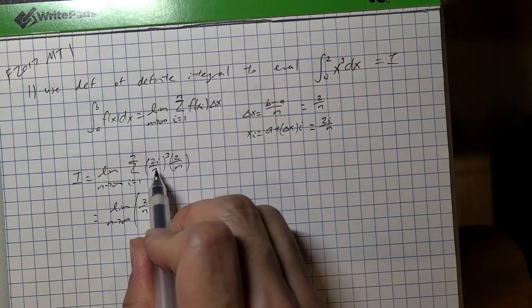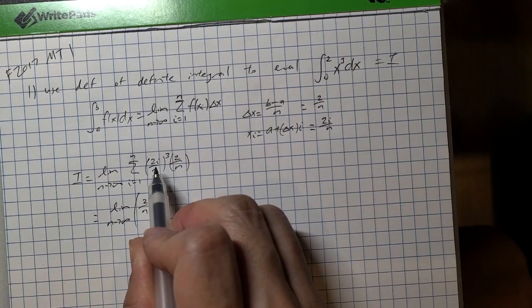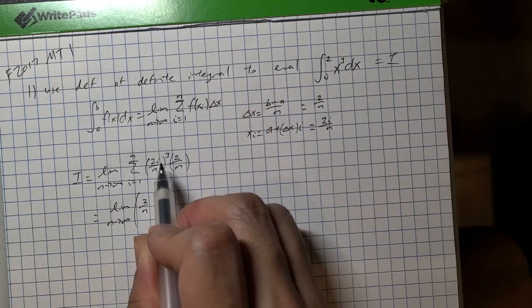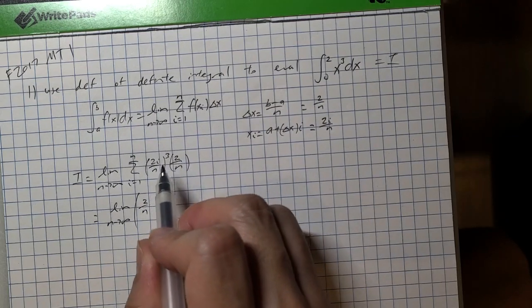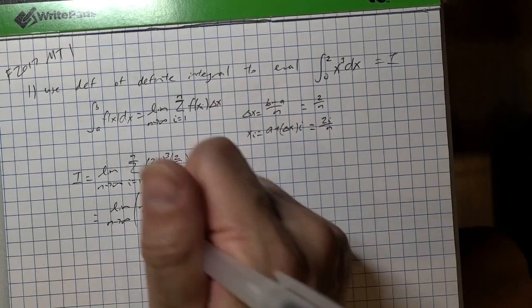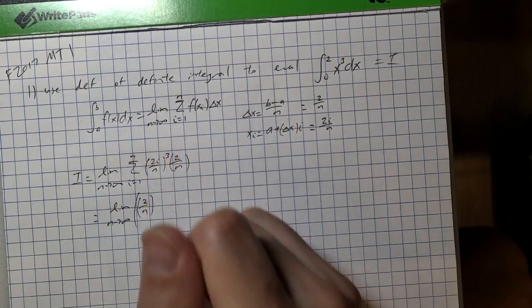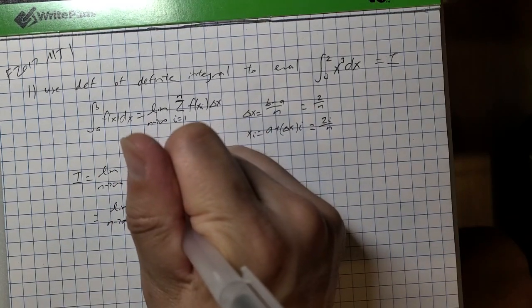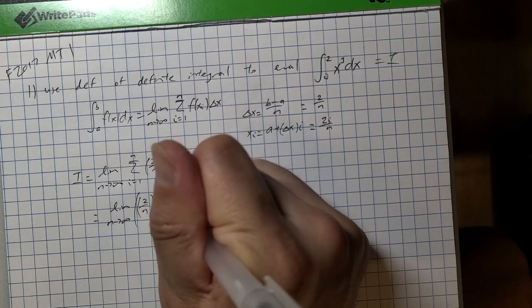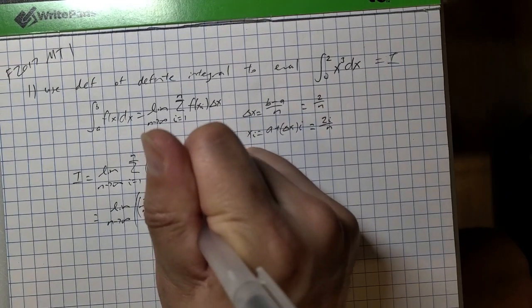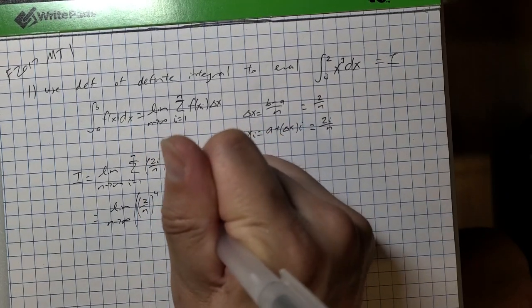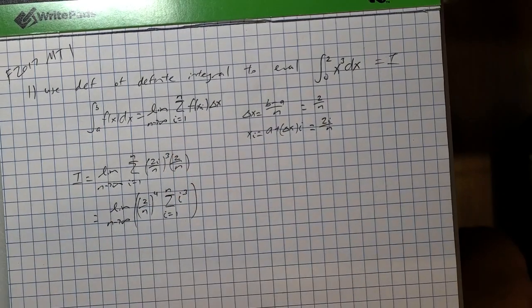We can break this up into (2 over n) cubed and i cubed multiplied together. So actually, this would be 2 over n to the 4th power times the summation from i equals 1 to n of i cubed.